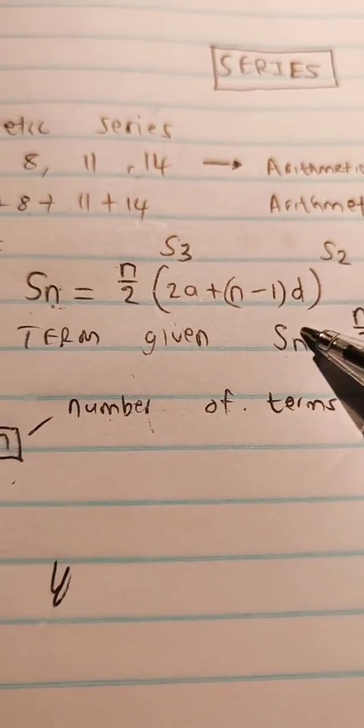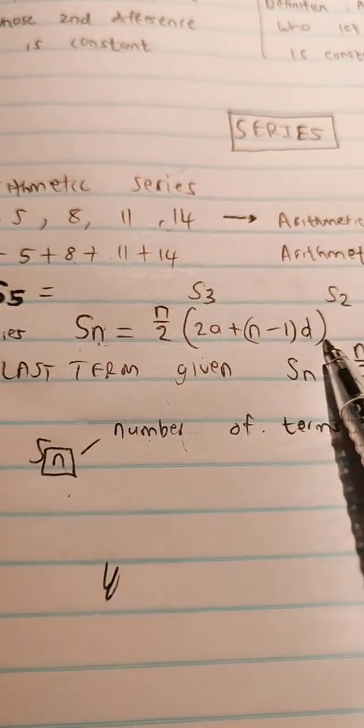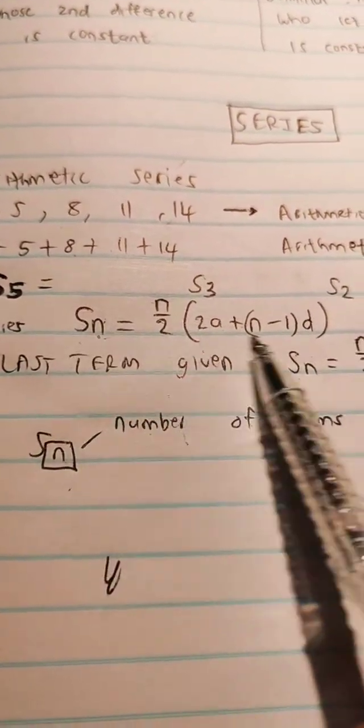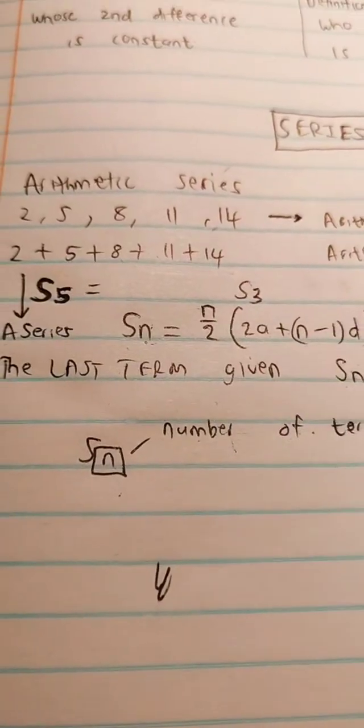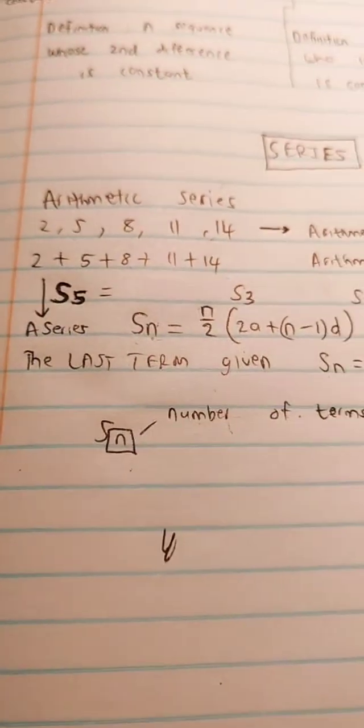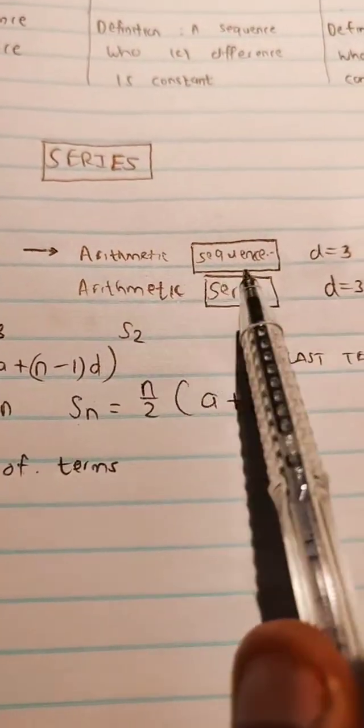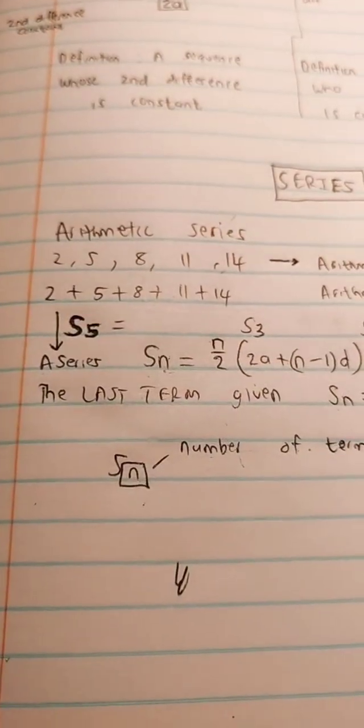We close the bracket. This is the formula we use to calculate the sum of the first n terms of an arithmetic series.